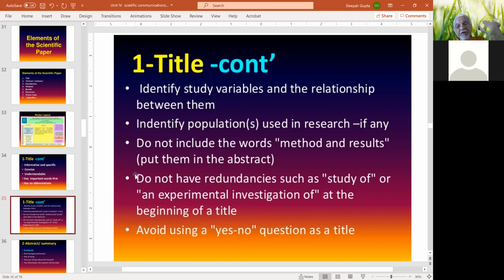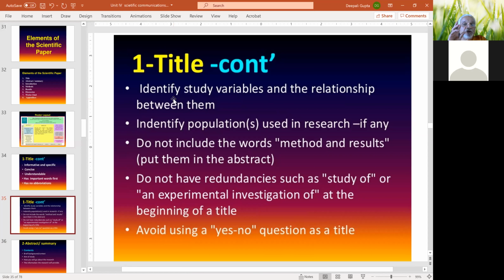Going a little further into dissecting those points, a title should identify all the variables and their relationship in the study which you have done.